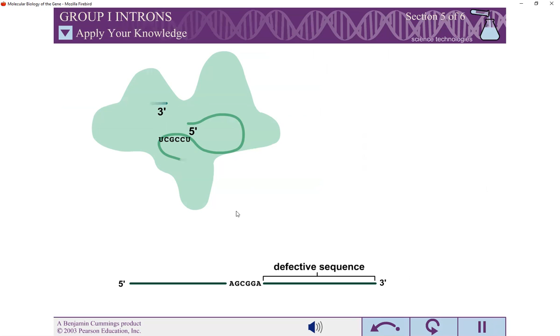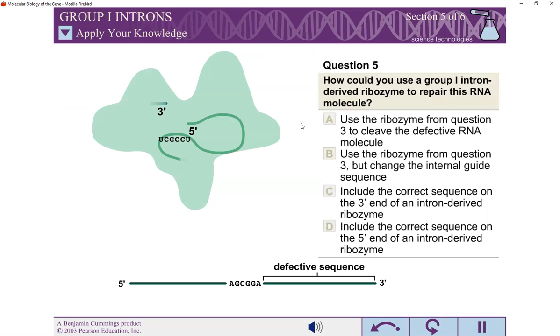Question 5. A cell contains an RNA molecule with a defective 3' sequence. How could you use a group 1 intron-derived ribozyme to repair this RNA molecule? Now, there is an RNA molecule that has a defective 3' sequence.